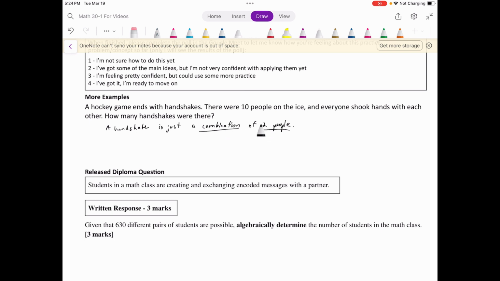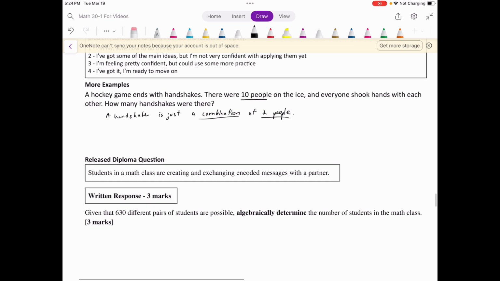So really what this is asking us is, if everyone shook hands with each other, so every possible combination happened, then how many handshakes were there is just saying how many ways are there to choose 2 people out of 10 options. How many ways are there to make groups of 2 choosing from 10 people? So our n is 10. There's 10 people. A handshake involves choosing 2 of them to go together, and we want to know 10 choose 2.